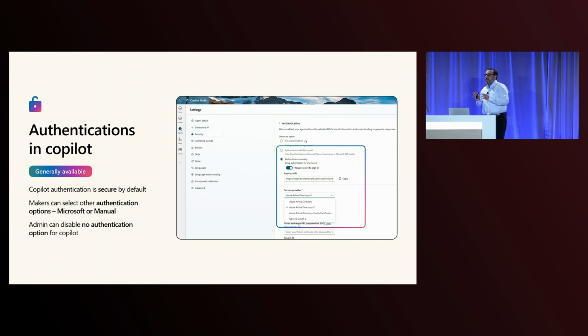However, as a developer and maker in an organization, based on the use case, you have an option: if you want to embed this agent somewhere else outside Teams and M365, you can enable other manual authentication there. And the option also exists to make it anonymously accessible on the web.